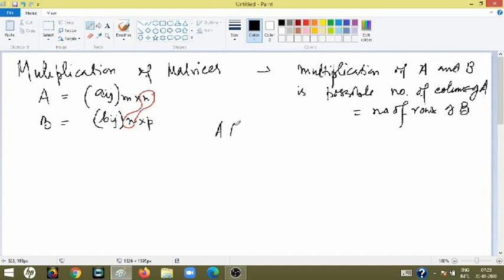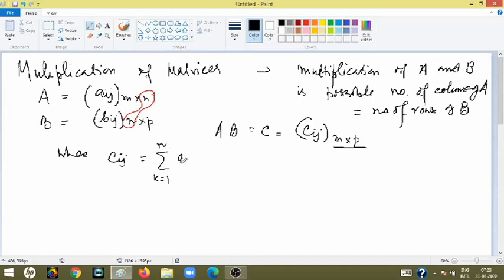And AB equals C equals Cij, of order m cross p, where Cij equals the summation of k equal to 1 to n of Aik Bkj.